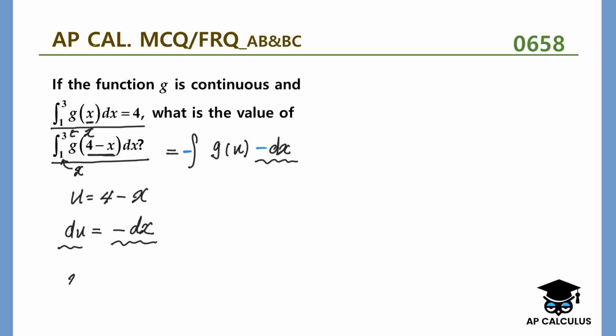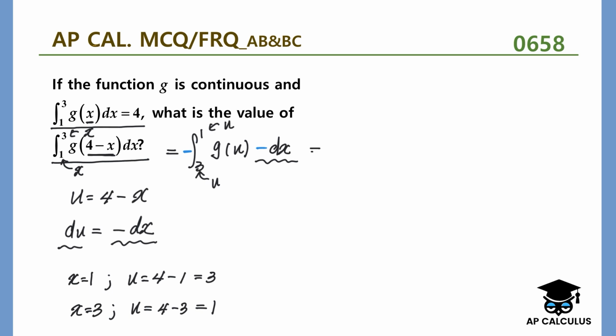So when x is equal to 1, our u is 4 minus 1, which is equal to 3, right? So our lower limit of u is 3. When x is 3, our u is 4 minus 3, which is equal to 1, right? So upper limit of u is equal to 1.